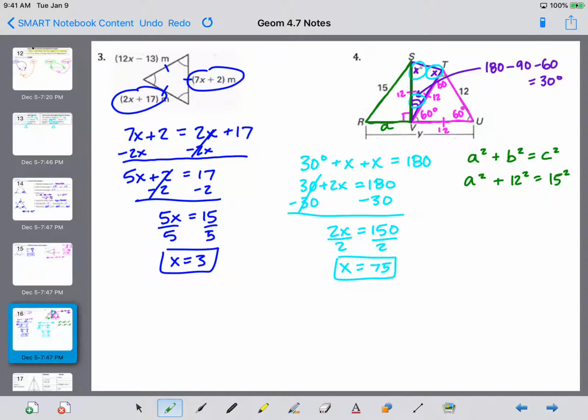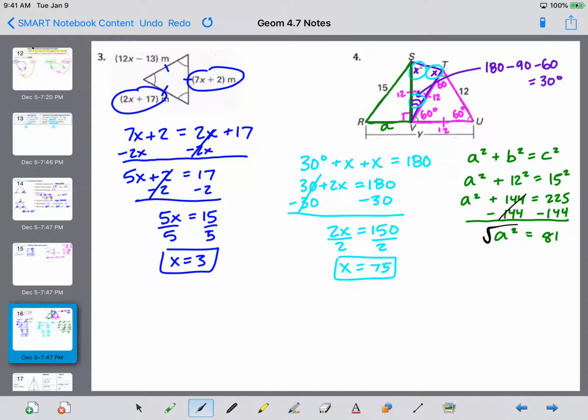All right, so 12 squared is 144. 15 squared is 225, so we're up to a squared plus 144 equals 225. Go ahead and subtract your 144 from both sides. These cancel. We end up with a squared equals 225 minus 144 is 81.